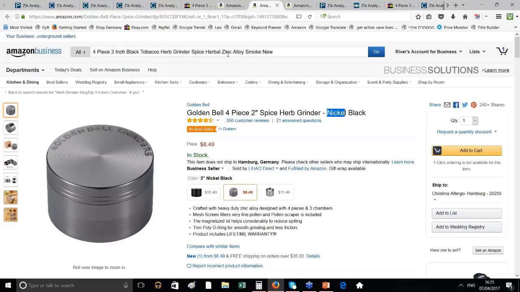So I take down the new, because I don't want to put exactly the same as him. I can take the 3 inch, this is 2 inch, change it to 2, because I need to save space, and I can add here nickel black or whatever. You understand?